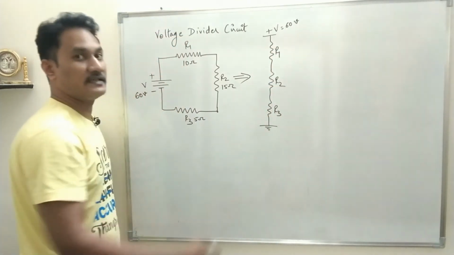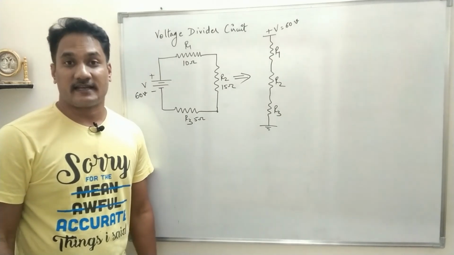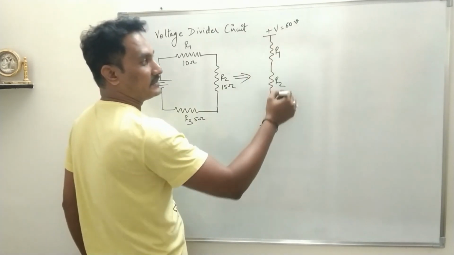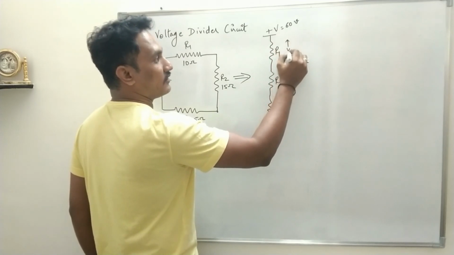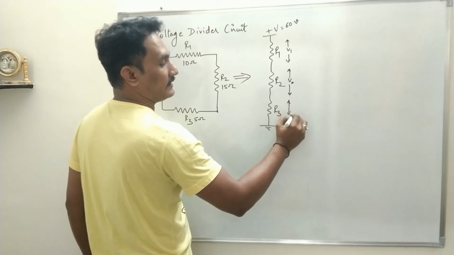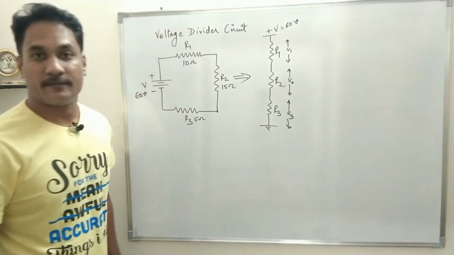So now what you can see is all these three resistances are connected in series. That means the current through the circuit will remain the same. There will be voltage drops, let those be V1, V2 and V3. Okay.